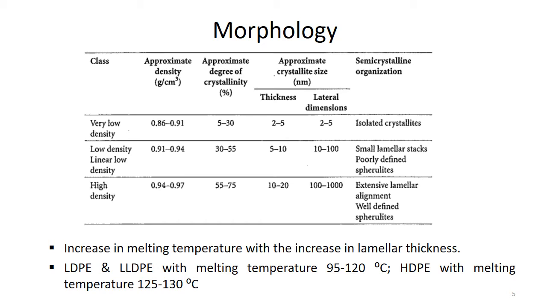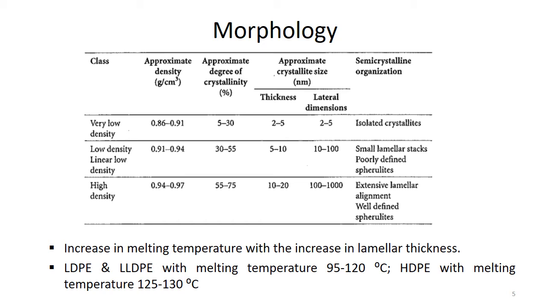Then comes high density polymers, which correspondingly match the degree of crystallinity. It means that in low density polymer, the crystallinity could be as low as 5%.